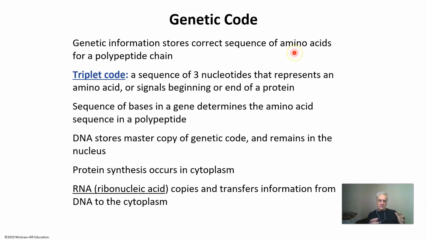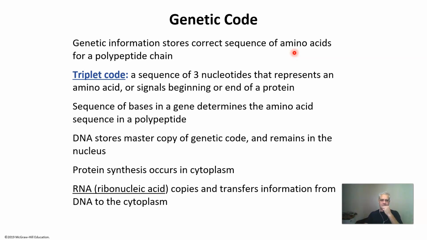The point of DNA is to be able to tell the protein making machinery, put this amino acid next, and then this one, and this one, and this one, so that you have the sequence of amino acids in the right order. And that has to be coded for in the DNA.